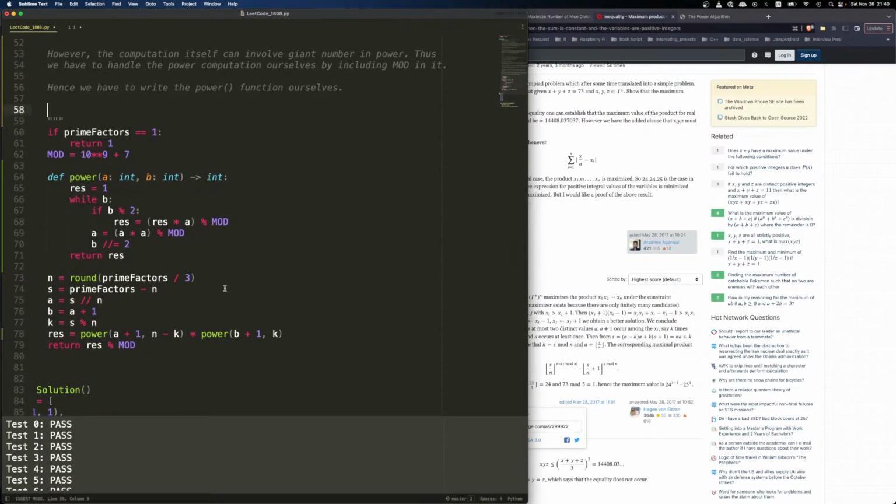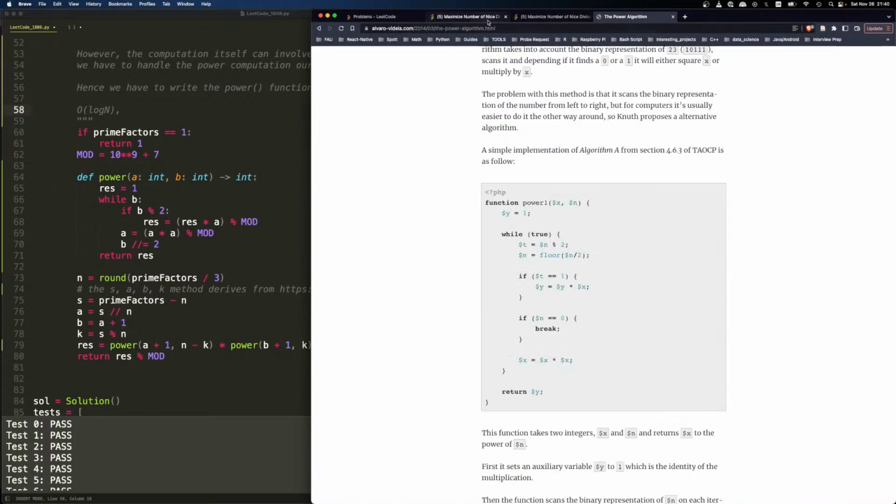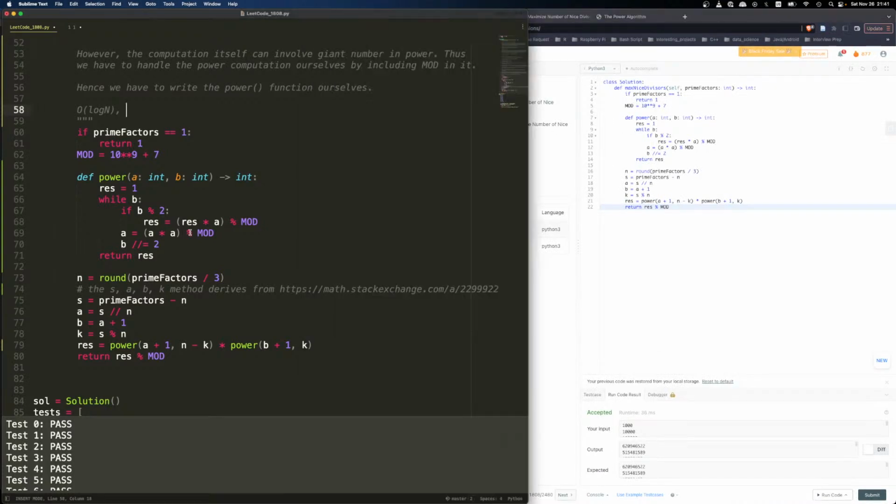And all of this derives from this method. It's O log something, whatever that means, doesn't really matter. And so we have a ridiculously good result.